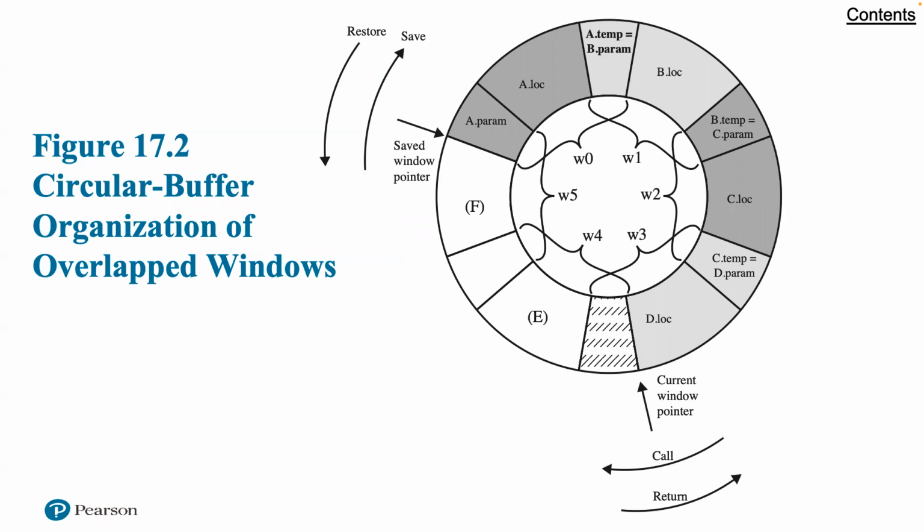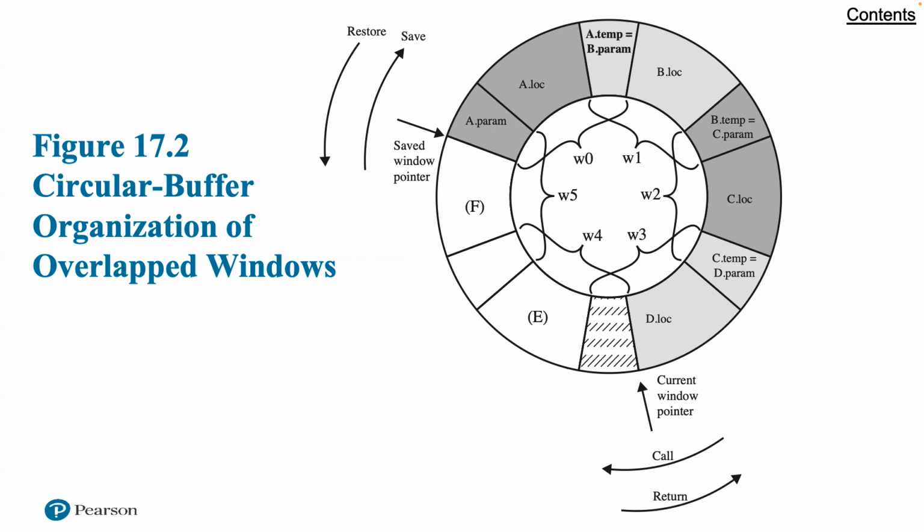The save window pointer, SWP, identifies the window most recently saved in memory. If procedure D now calls procedure E, arguments for E are placed in D's temporary register, that is the overlap between W3 and W4, and the CWP is advanced by 1 window.